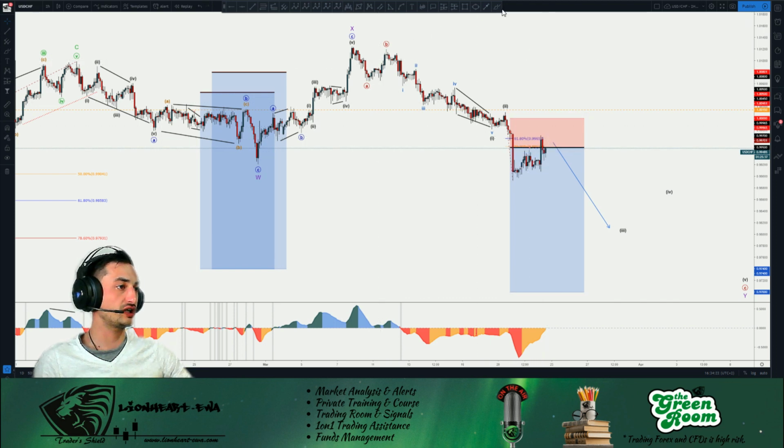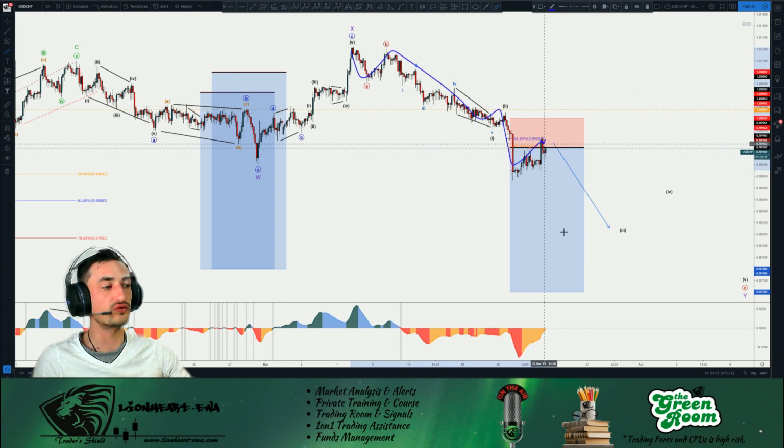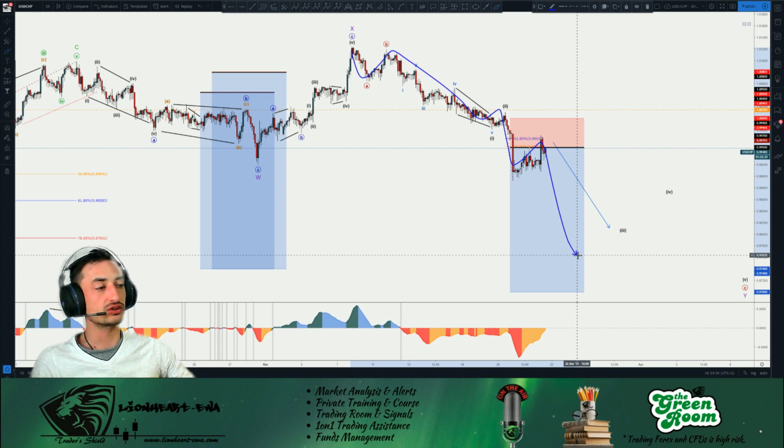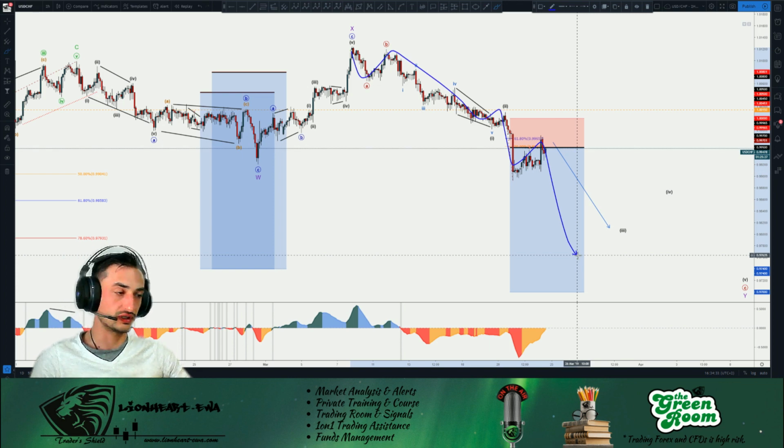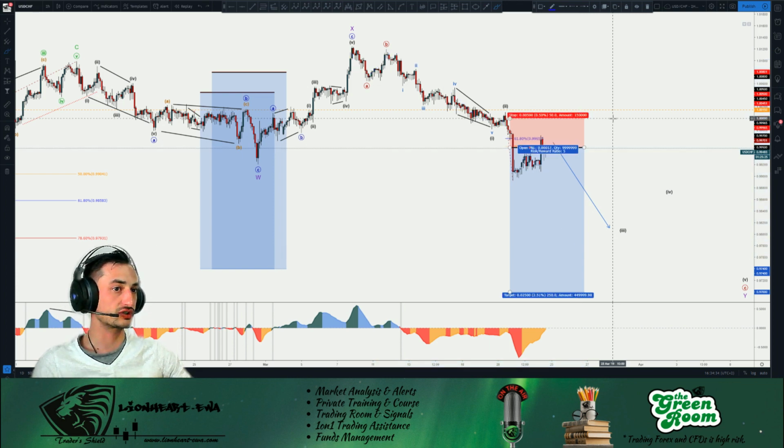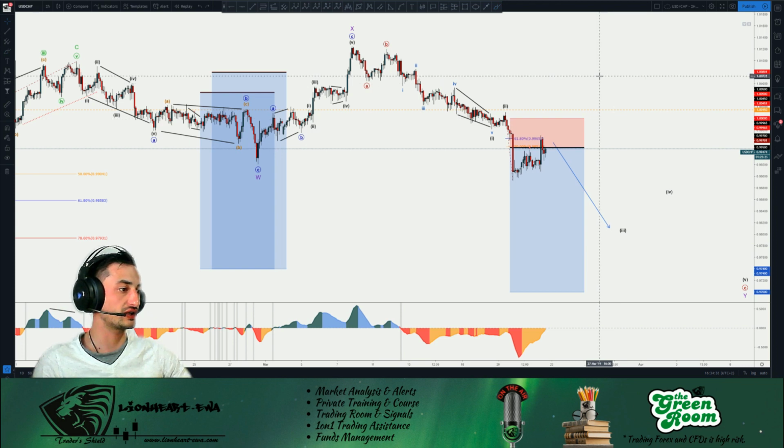I am trying to give it the benefit of the doubt with an A, B, and then 1, 2, 1, 2, 3. So I'm expecting a downfall for the dollar Swiss on the 2-hour time frame right here, possibly completing a minor degree Y, which is labeled with the color purple right down there, in the bottom right corner.